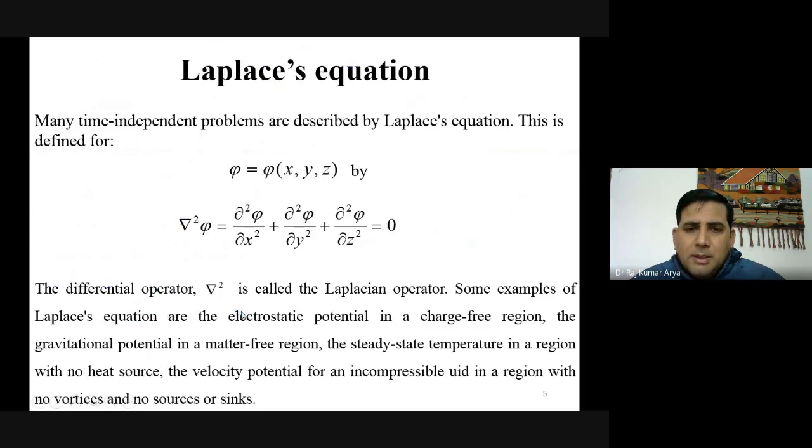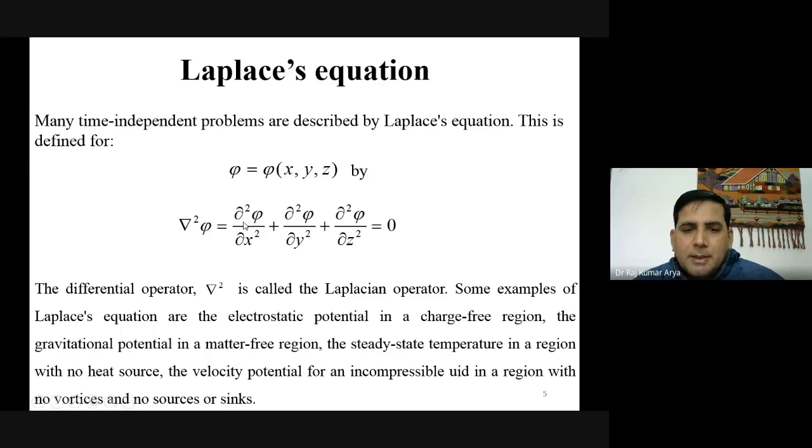Now there are several standard forms of equations. You can write a Laplace equation. Practically anything which you can write in the form del square of any function equal to 0 is treated as a Laplace equation.